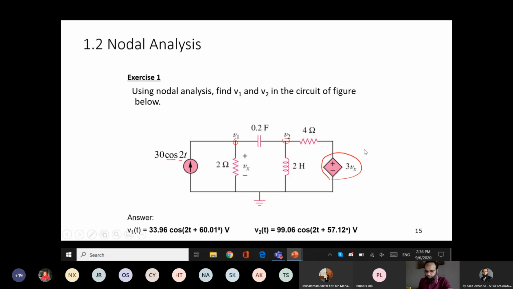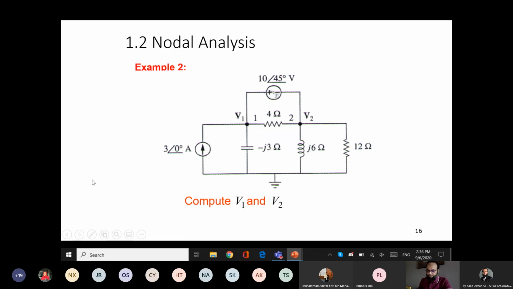All right, let's move forward. Another question. Example 2. Can someone pick up something from this particular question? Anything particular about this question that's a bit new from the previous 2 questions?